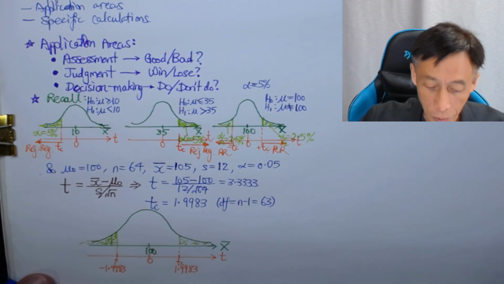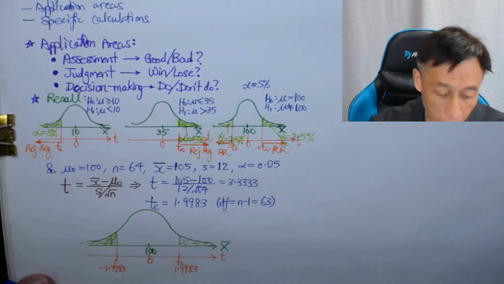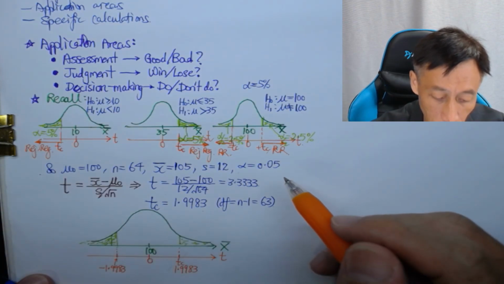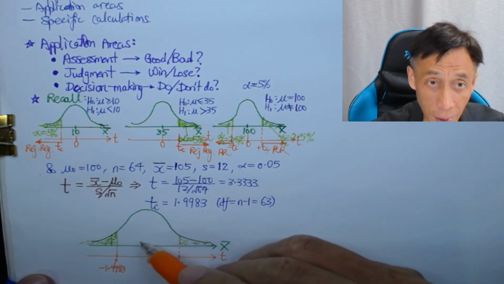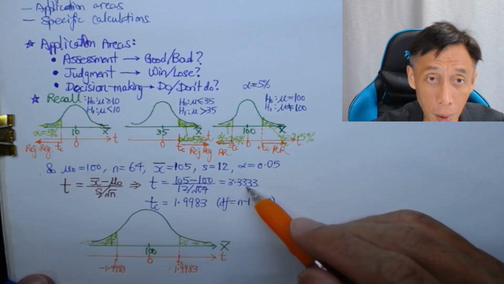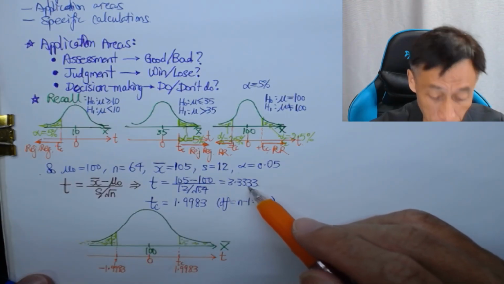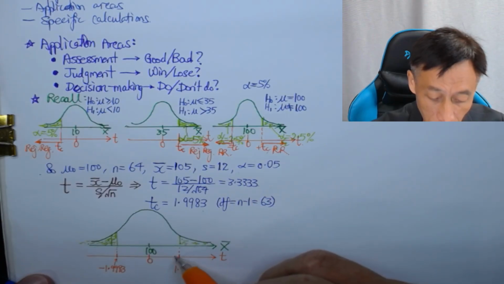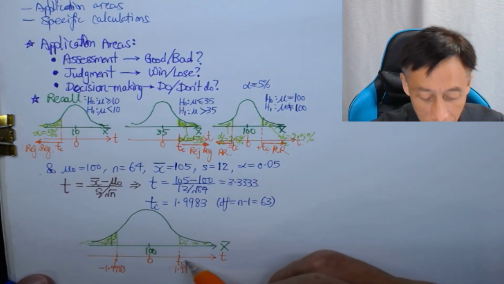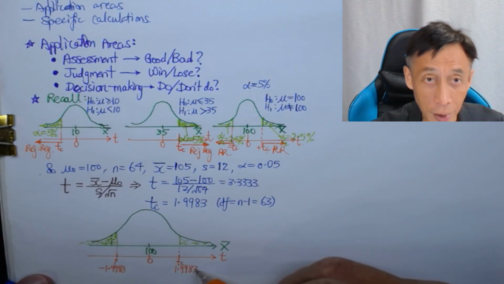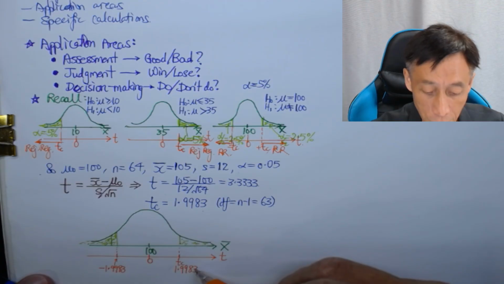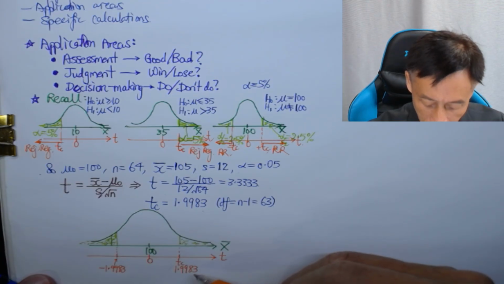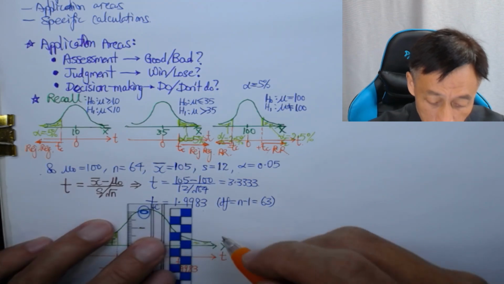Okay, and then we have the new number here, right? So far we have duplicated the entire thing and enlarged it, but we have a new number, 3.3333. Obviously it is on the positive side, and to the right of 1.9983. What's going to happen is that we will try to put it inside.